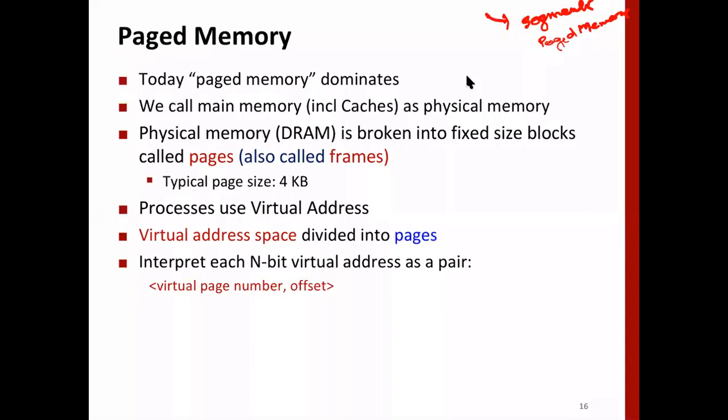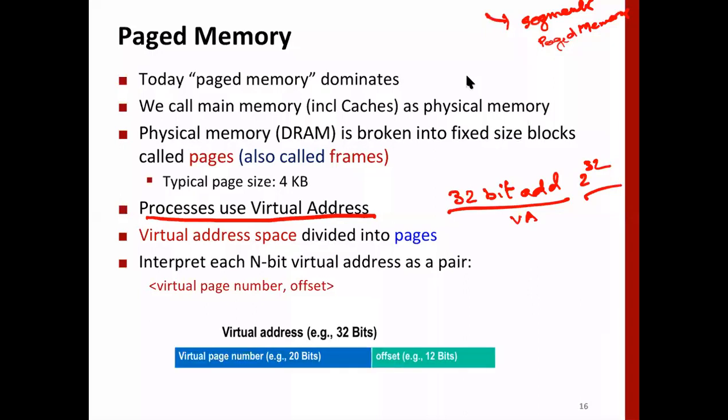So now each process has an address, in this case a 32-bit address, so an address space of size 2 raised to the power 32. We call this a virtual address, because each process can have a 32-bit address, and each process may have the same view of the address space.